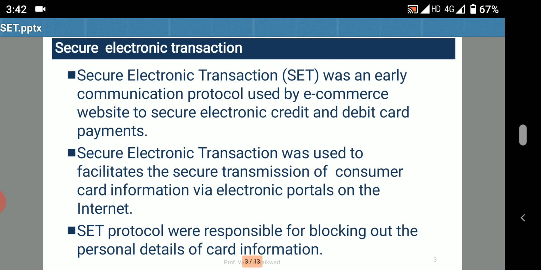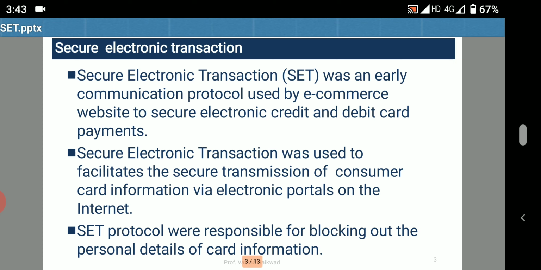So students, when transactions used to happen previously, there was a big risk of hackers hacking the information. So to secure the very confidential information about credit and debit cards, SET came into the picture, that is Secure Electronic Transaction Protocol.